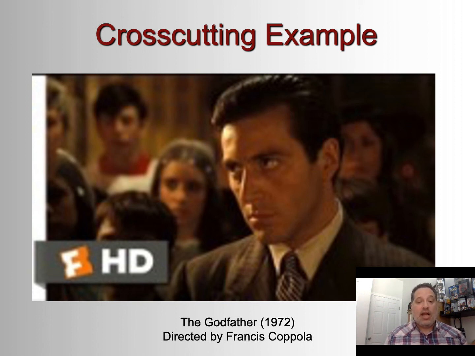And then Coppola contrasts that with a number of murders around town that Michael has ordered, assassinations of his fellow gangsters, his rival gangsters. So it's meant to be ironic, right? Giving us a portrait of this man who claims to be a family man, but is really a murderer.